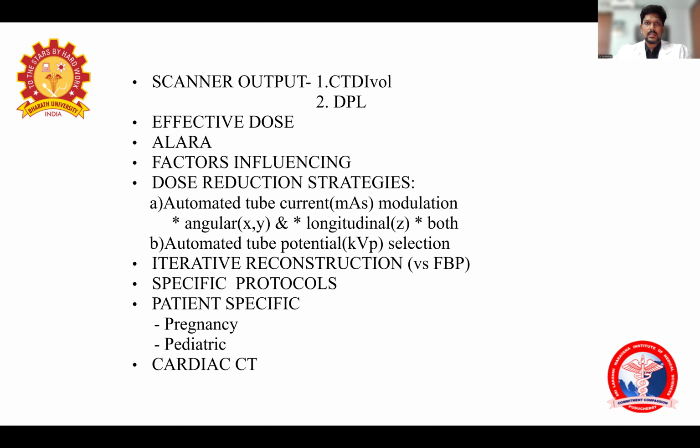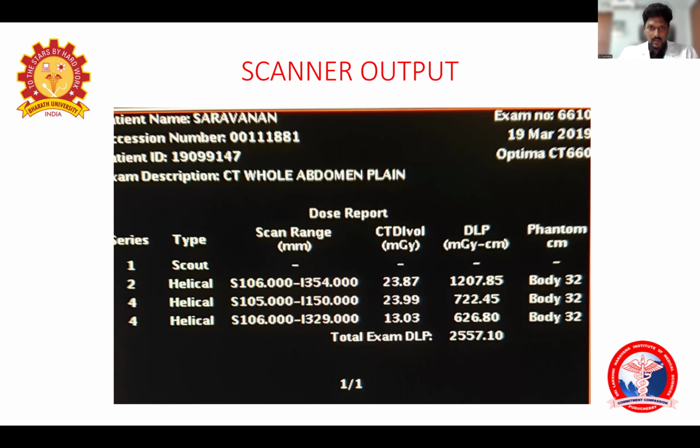We're going to discuss this topic under the following subheadings, which include CTDI volume, DLP, effective dose, ALARA, factors influencing dose reduction strategies like automated tube current, automated tube potential selection, iterative reconstruction, and specific protocols in specific individuals like pregnancy, lactating mothers, and pediatric.